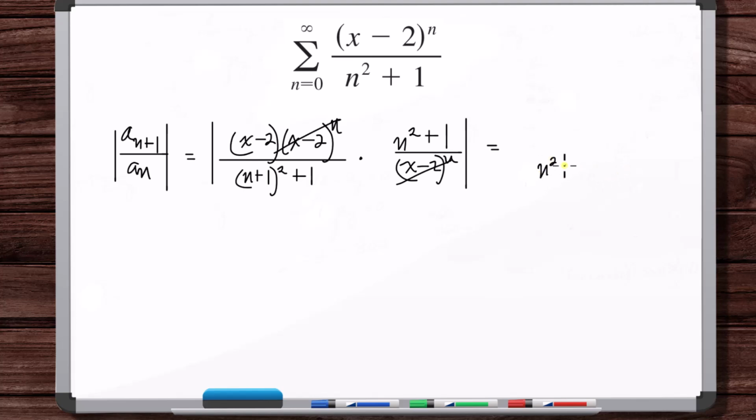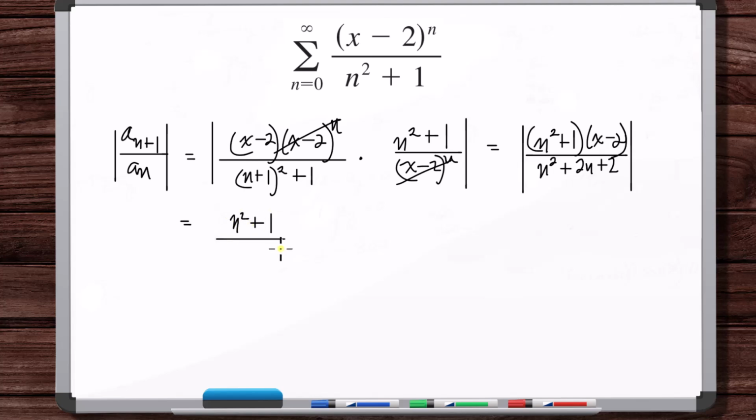Then you've got n squared plus 1. The n terms are always positive, so they don't need to be in the absolute value.